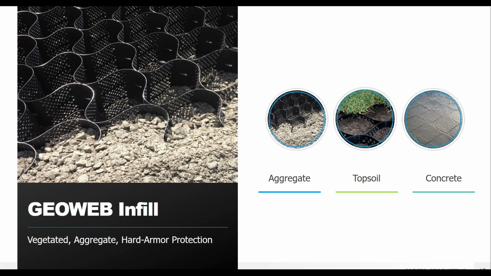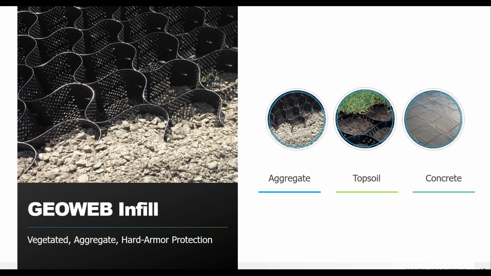So this is basically to say you don't have to use those really expensive engineered stone blends if you don't want to. And this is something that, using the 3D GeoWeb system, is separate from how a planar geogrid would be. Geogrids typically require engineered stone with a pretty high friction angle to lock in and hold everything in place.